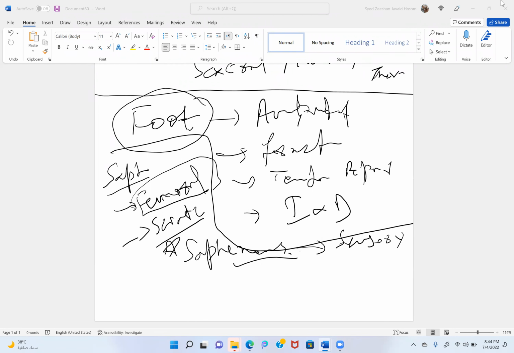Sural nerve, superficial peroneal nerve, deep peroneal nerve, and posterior tibial nerve. So for example, if you have a fracture in the foot, would you like to discuss or ask anything to the surgeon?